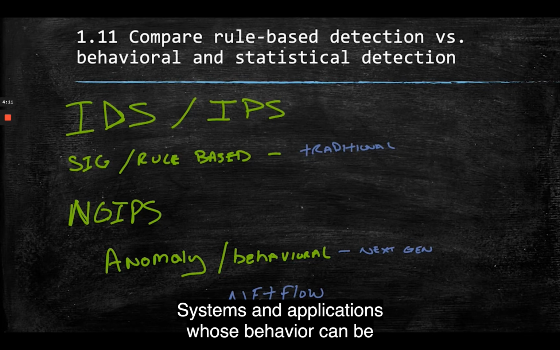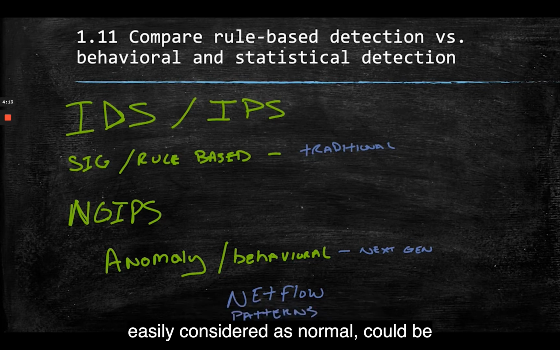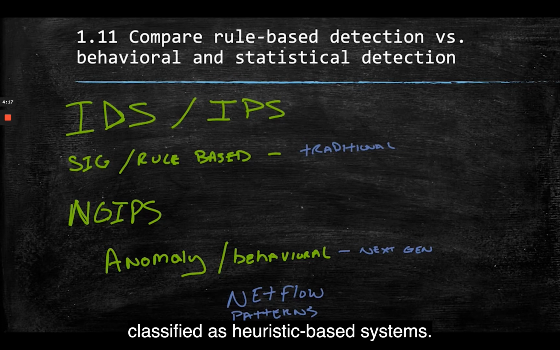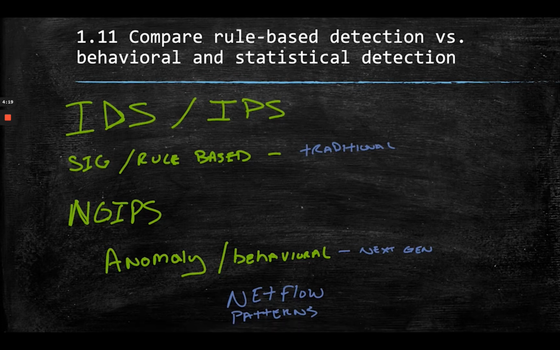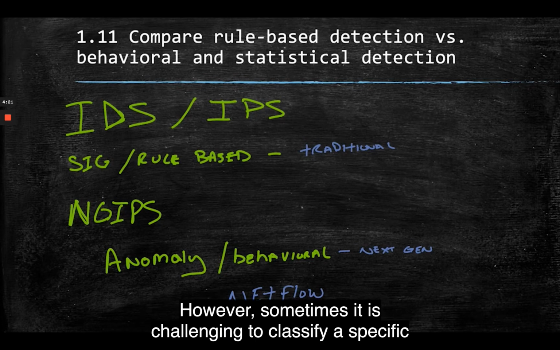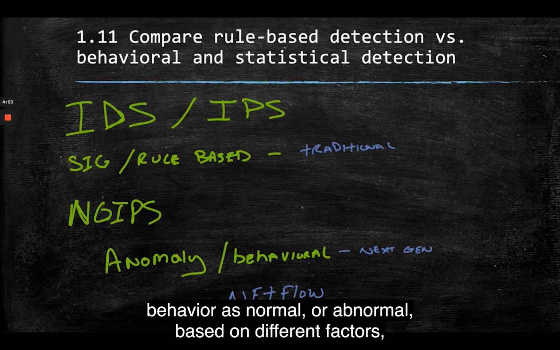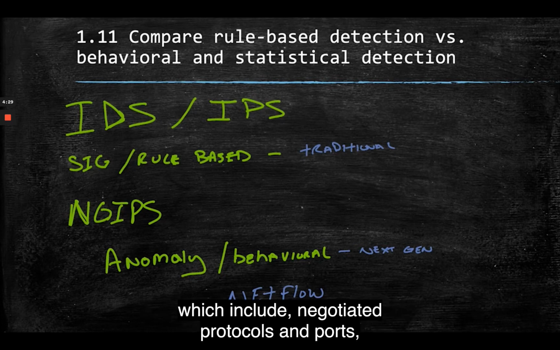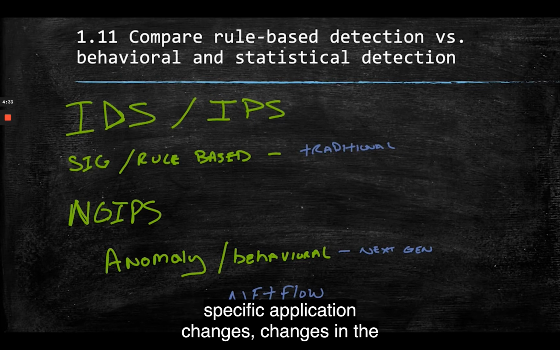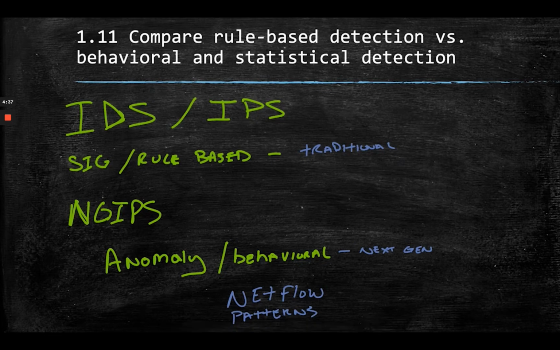Systems and applications whose behavior can easily be considered normal could be classified as heuristic-based systems. However, sometimes it is challenging to classify a specific behavior as normal or abnormal based on different factors, which include negotiated protocols and ports, specific application changes, and changes in the architecture of the network.